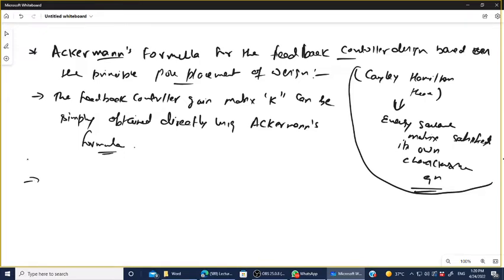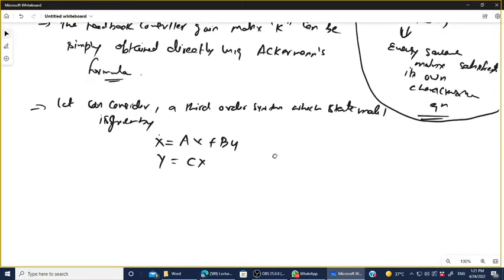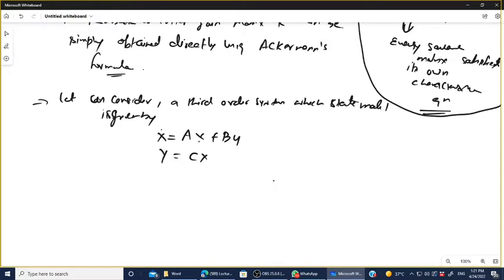Let us consider a third order system whose state model is given by x dot is equal to Ax plus Bu, and y is equal to x. In any controller design, you have to check the controllability.